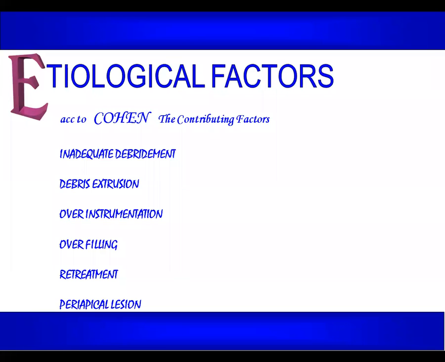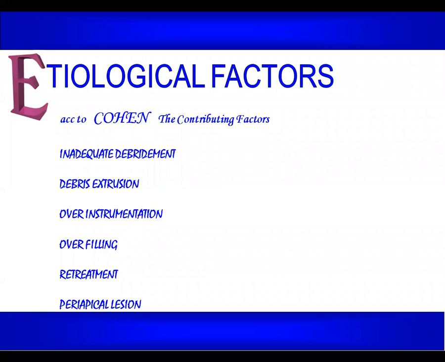Okay, etiological factors. Etiological factors is nothing but the cause of the disease, that is known as etiology. In that, according to Cohen, inadequate debridement. Debridement is nothing but the removal of the debris. Debris extrusion is nothing but the extrusion of the debris through the apical region to the periapical area.